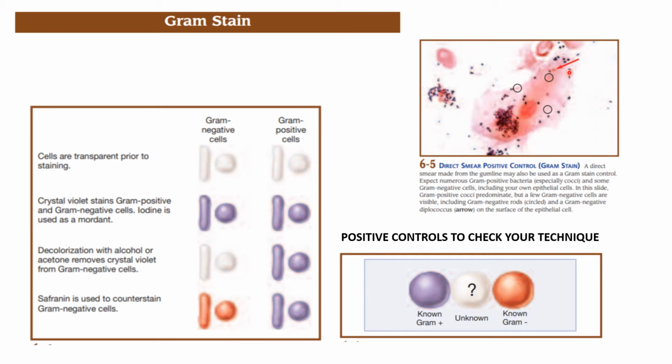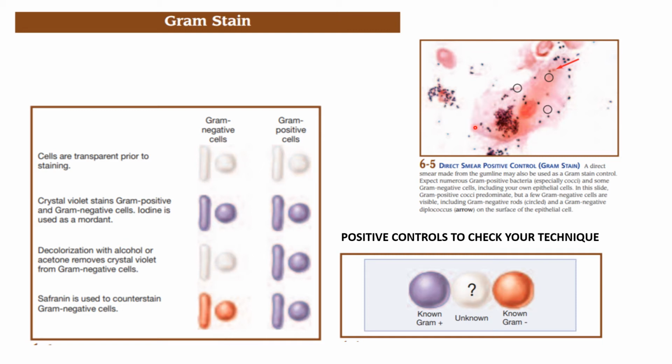Here, the one with the arrow is a gram negative diplococcus. And inside the circle, these are rods, so bacilli. Negative bacilli. So this is a direct smear with positive control.